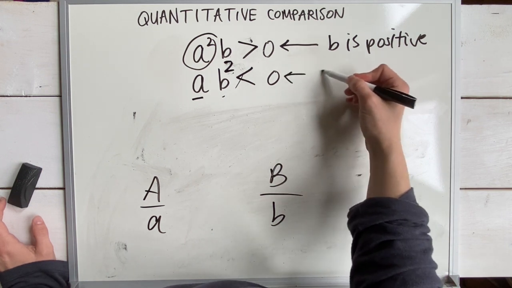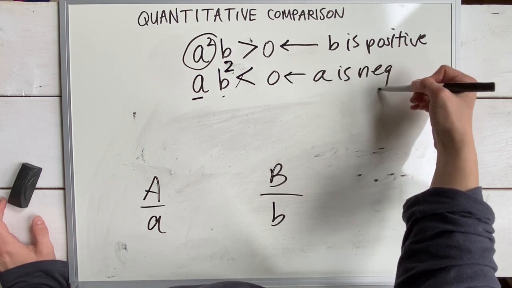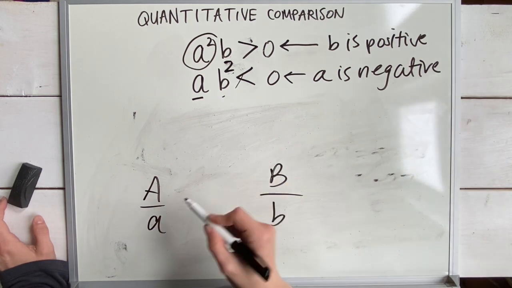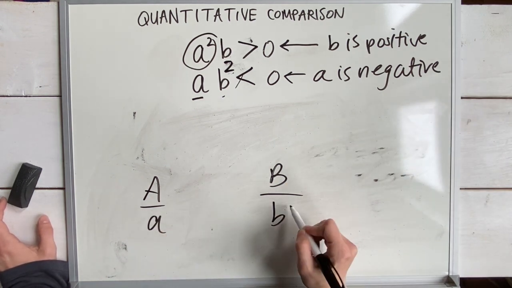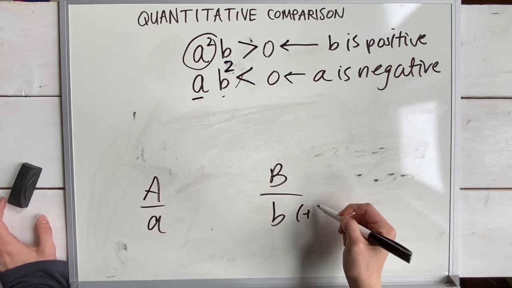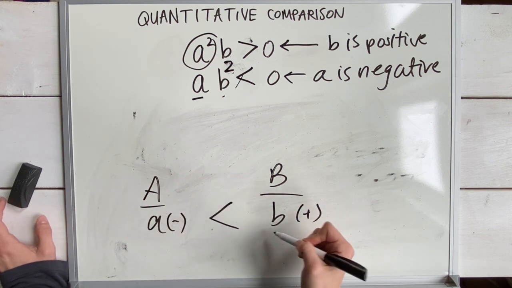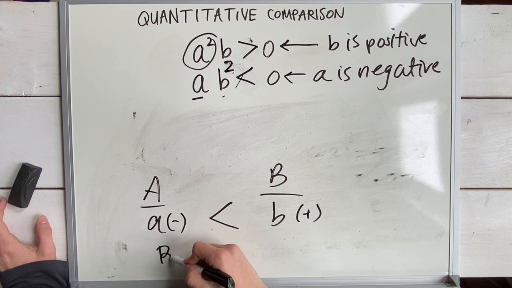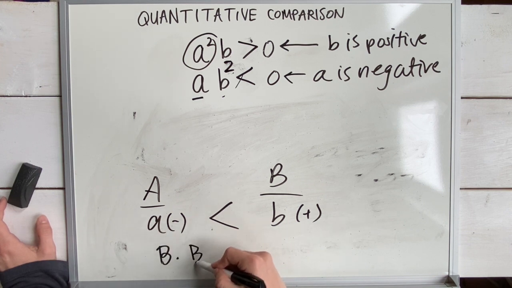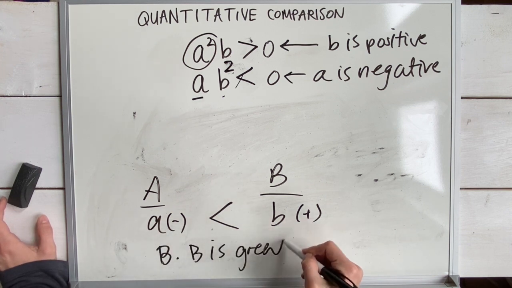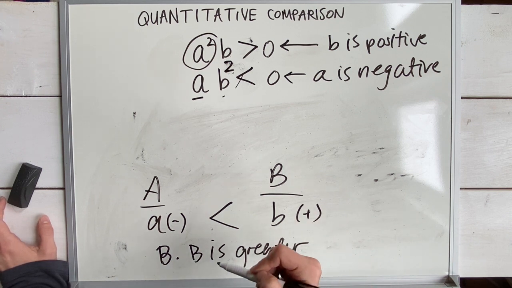So this tells us that A is negative. When we come down to compare A and B, we know B is positive, we know A is negative, so B must always be greater than A. So we could choose here B, B is greater than A. Awesome.